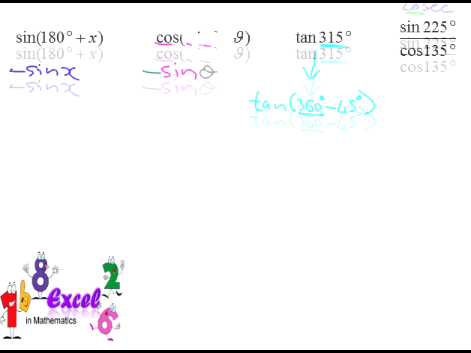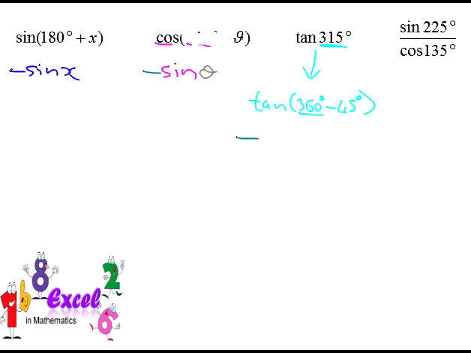In that quadrant cos is positive, but tan is negative. Then we are working with a horizontal axis, so tan stays tan, and step 3 says that part falls away, so all that remains is the 45 degrees. And there you've got an expression, minus tan 45 degrees, that you can simplify without a calculator using your special angles.